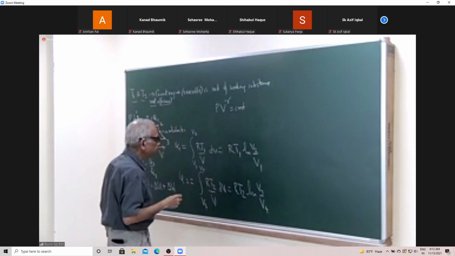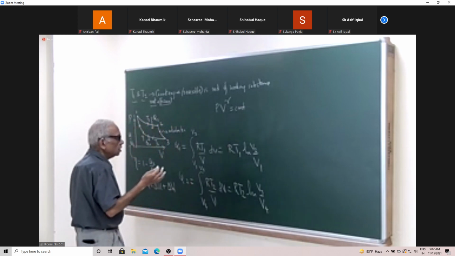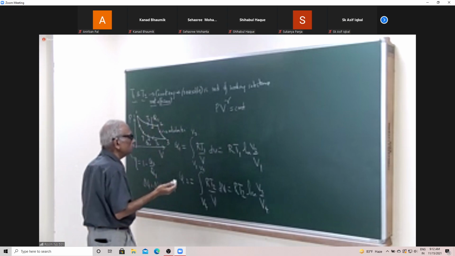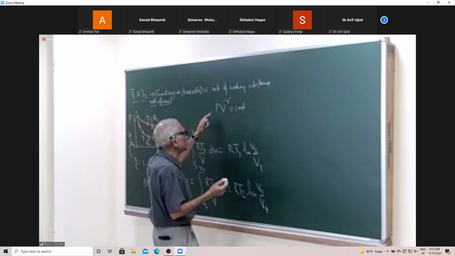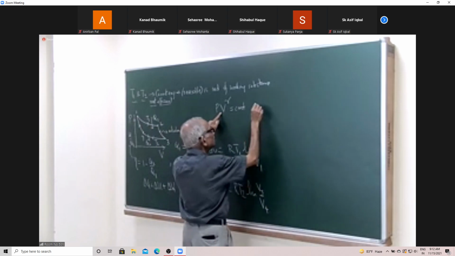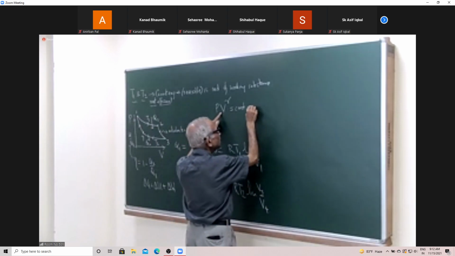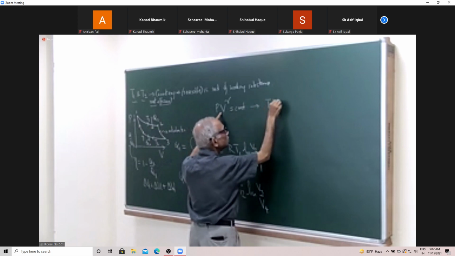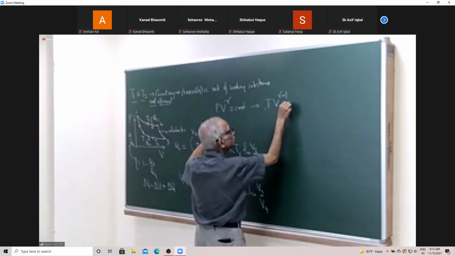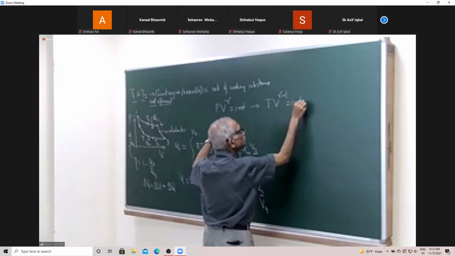Now if we use the ideal gas equation of state, P equals RT over V, then this is the same as writing T times V to the power gamma minus 1 equal to constant.